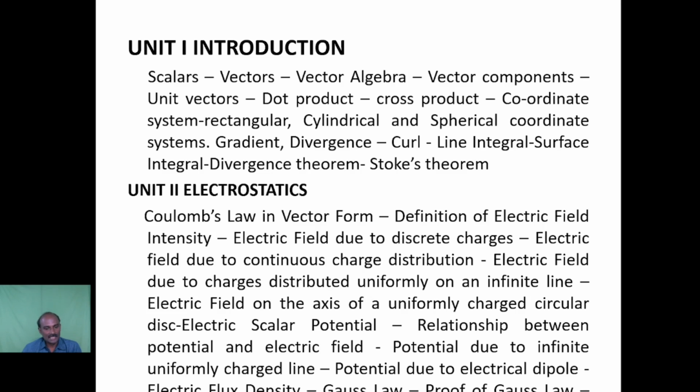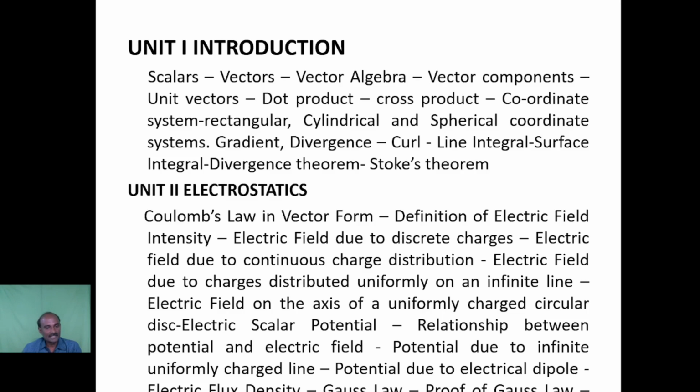For example, a line charge, a circular charge, or a disk of charges at rest, we can find the electric field strength. Electric field strength due to this line charge, circular charge, and a circular disk.